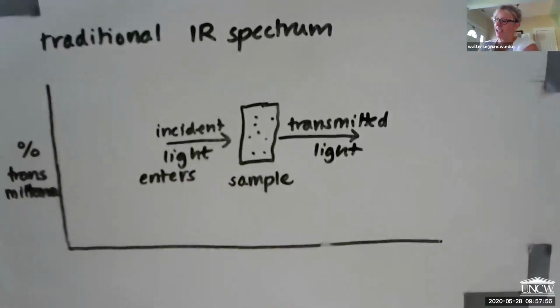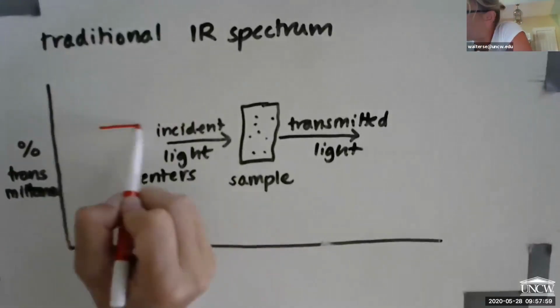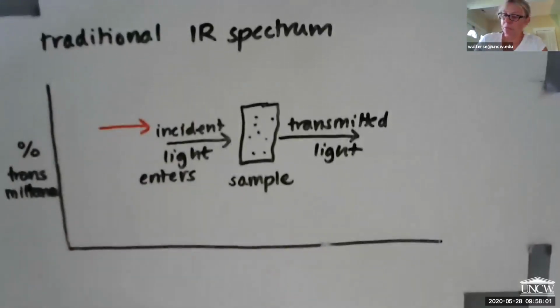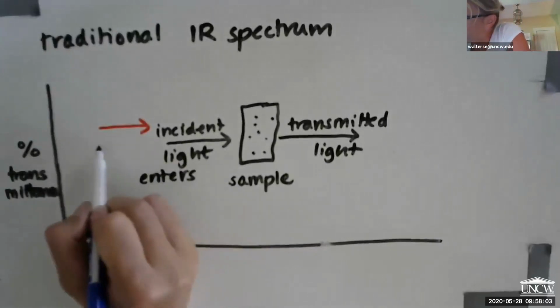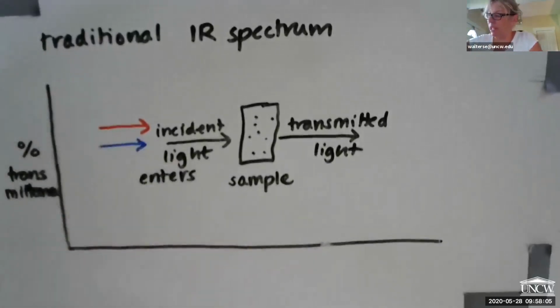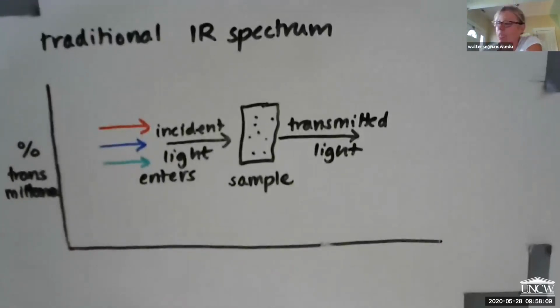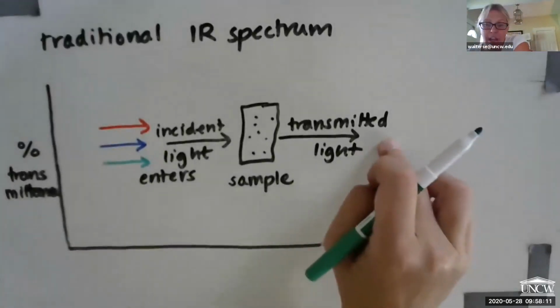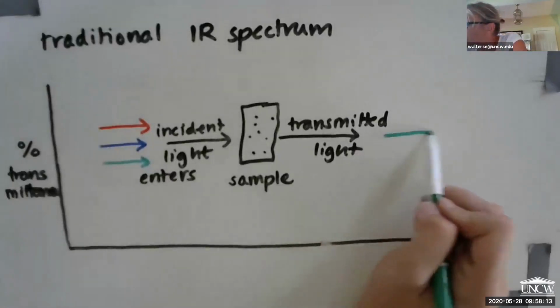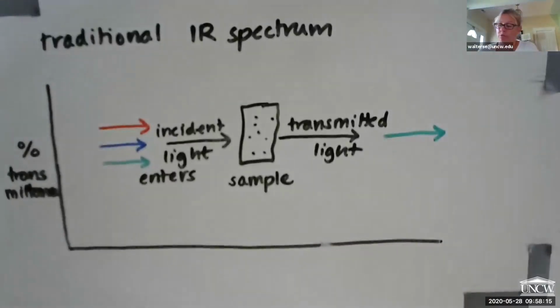But let's say our incident light here, we send in red light, blue light, and green light. Okay. And let's say on the transmitted side, only green light comes out.